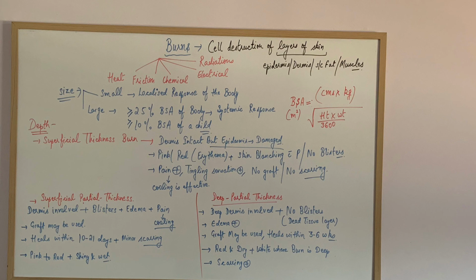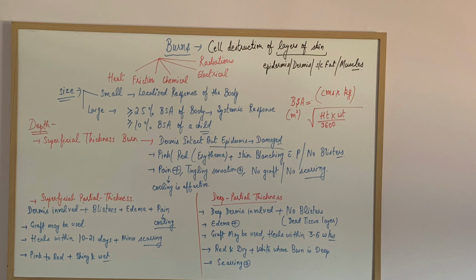And because there are blisters, it can lead to edema also. The skin becomes edematous, swelling is present, and because there is edema and blisters, it can lead to pain. And to relieve the pain, again we can use cooling measures.